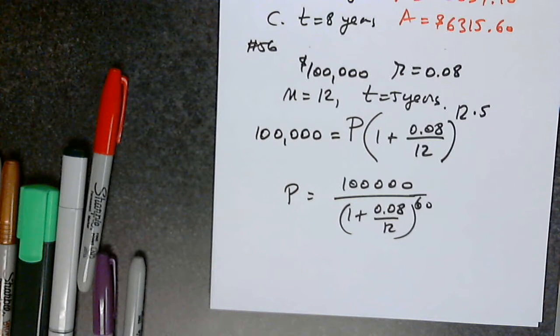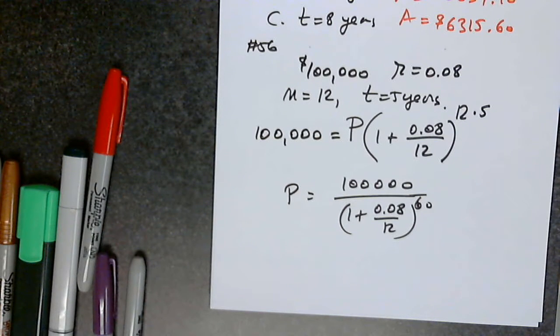So 100,000 divided by, in parentheses, 1 plus 0.08 divided by 12, close the parenthesis, caret 60, and press enter.